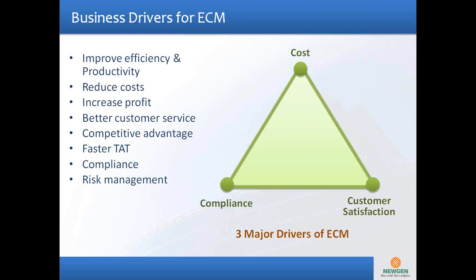So let us take an example of cost and productivity. Reduction in cost or increase in productivity comes, and one of the important drivers is centralization. This would mean that suppose a bank or any financial institute will have multiple branches and an agent network to work with.